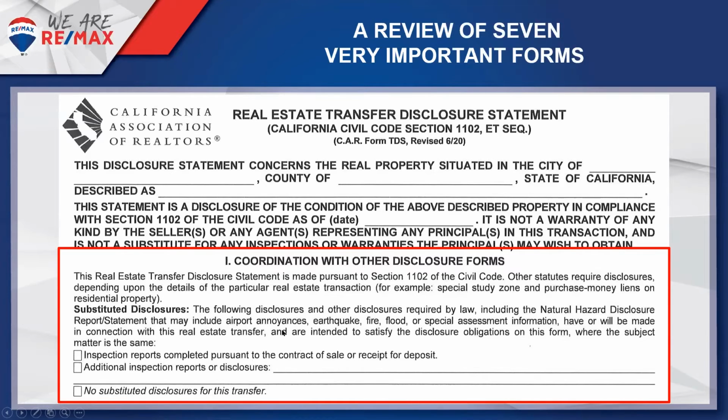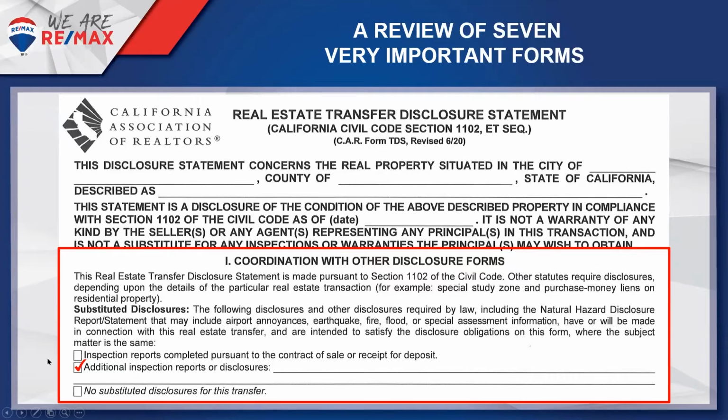Okay, so you can complete this form by, number one, checking the box if you're providing inspection reports pursuant to the contract for sale. In other words, if you have a report that the contract requires you to provide and you already have it, you can provide the report with the TDS and check this box.